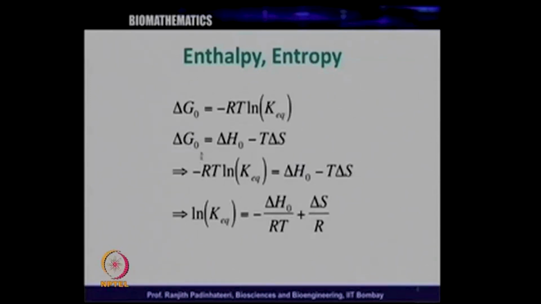If you combine these two, you can substitute for delta G0 the expression minus RT ln K equilibrium from the top equation.